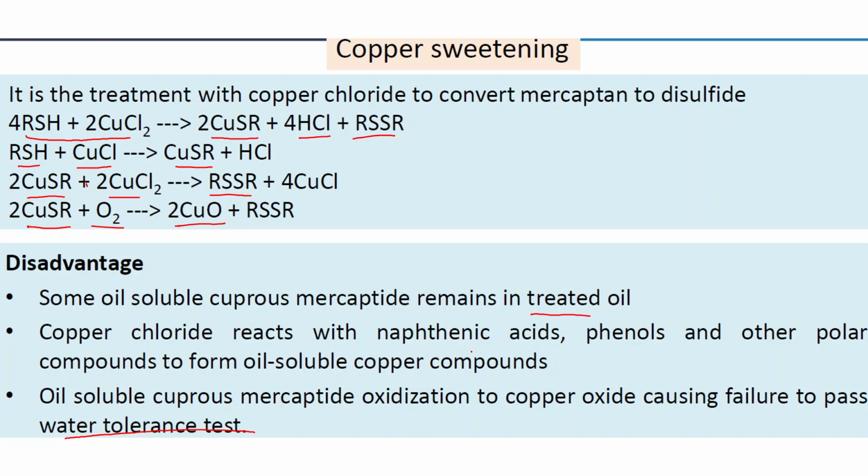And CuCl reacts with naphthenic acids, phenols, and other polar compounds to form oil-soluble copper compounds, which is also a problem. So this method had some disadvantages. It led to some amount of copper remaining in our petroleum product, thus leading to the degradation of its quality.